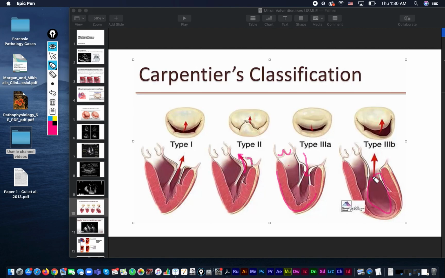And that is caused by congestive heart failure and when you think about it, I'm drawing some chordae tendineae and then papillary muscles.